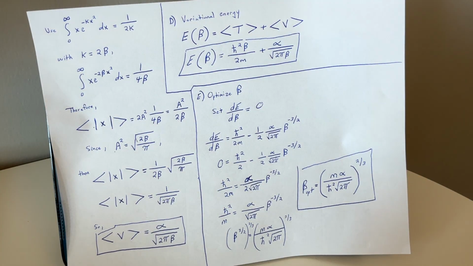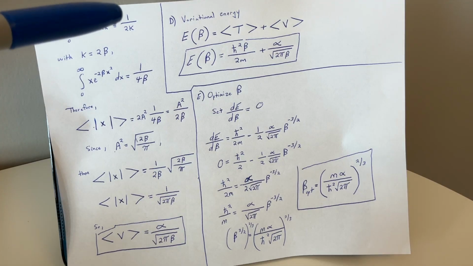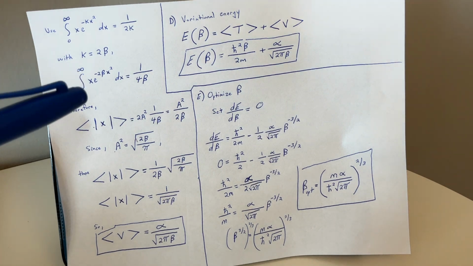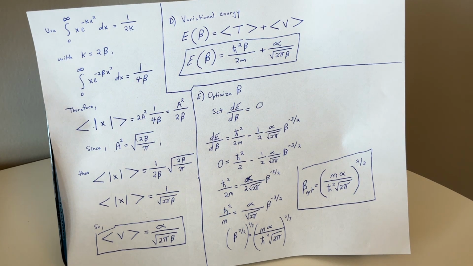What we're going to do here is use the integral from 0 to infinity of x e to the negative k x squared dx. When we integrate that from 0 to infinity, we get 1 over 2k. Now with k equals 2 beta, integrating from 0 to infinity x e to the negative 2 beta x squared dx comes out to 1 over 4 beta.